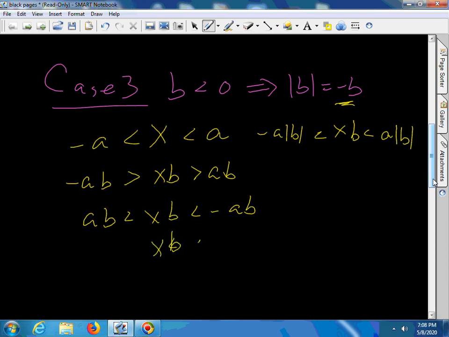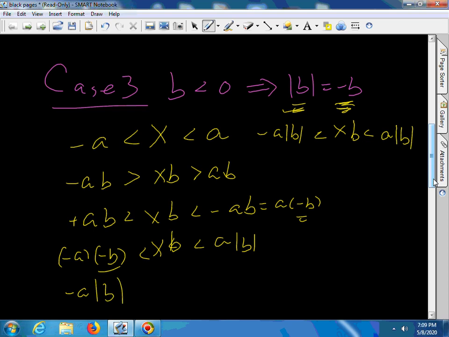Now, this here is the same as a times negative b, the absolute value of b. And this right now, there is no sign, so we'll assume it's positive. So this is the same as negative a times negative b. Well, negative a is negative a, and negative b is the absolute value of b, and I got what I want.